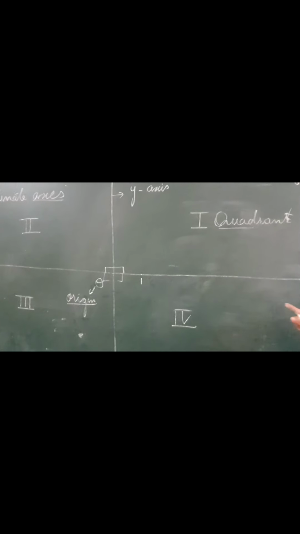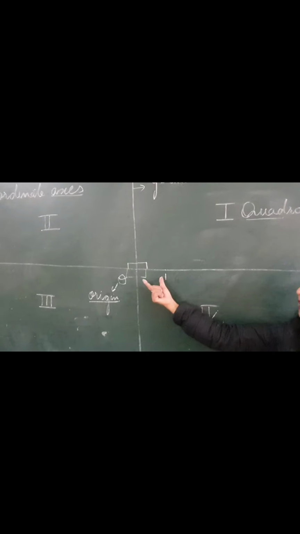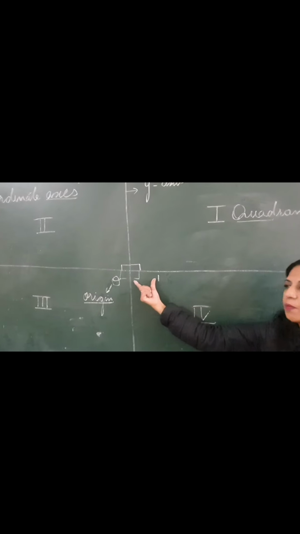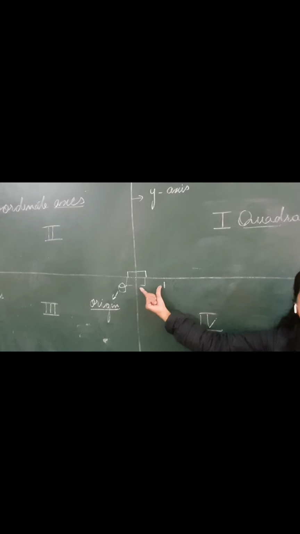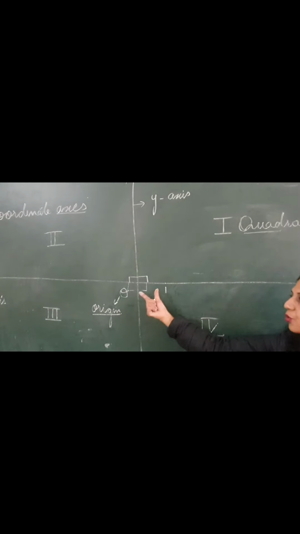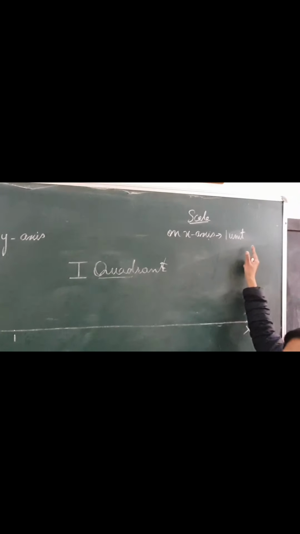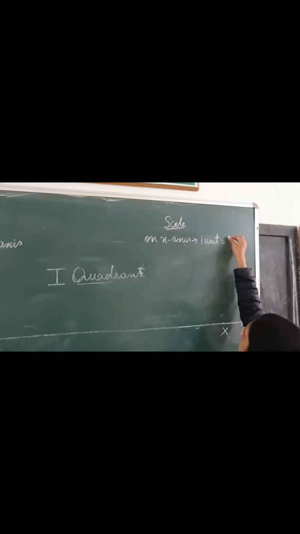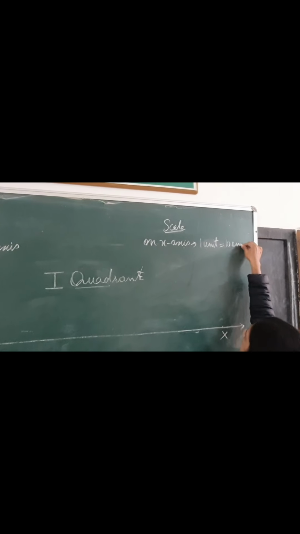It can be 1 centimeter if you are drawing on paper, and if you are using graph paper, you have to write how many squares you need to mark point 1. Suppose you need 10 squares, so you write here: 10 small squares equal 1 unit.